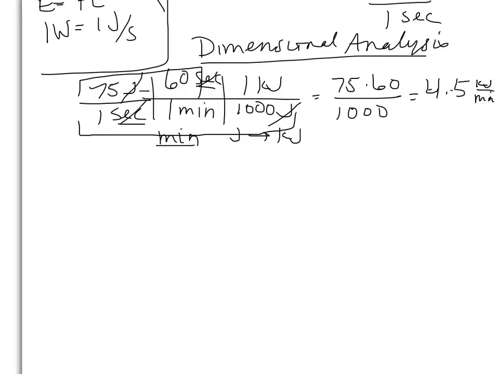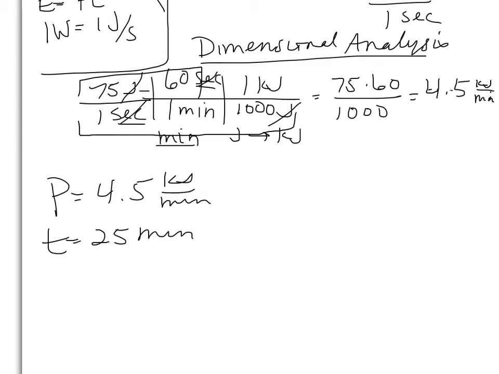This doesn't answer our question, however, because our question asks how much energy. We now know that our power is equal to 4.5 kilojoules per minute. And I know I still haven't actually used my time of 25 minutes. I already told you that energy is equal to power times time. So let's do that. Power times time.